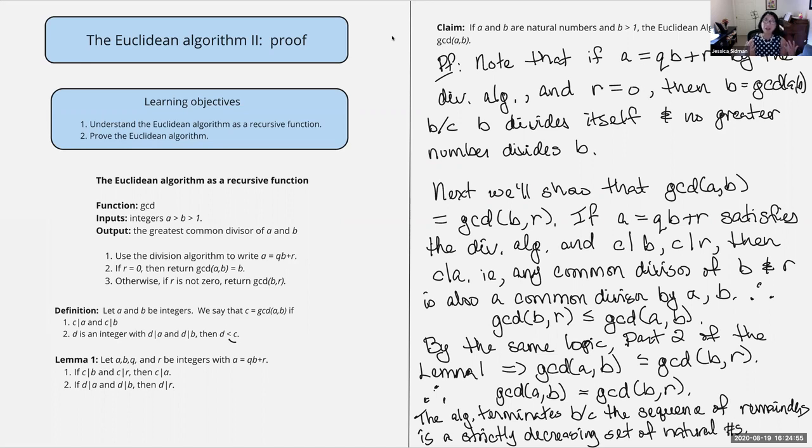And by the well-ordering principle, if you have a non-empty set of natural numbers, it has to have a least element. So eventually it can't go on forever. It will stop, all right? Okay.